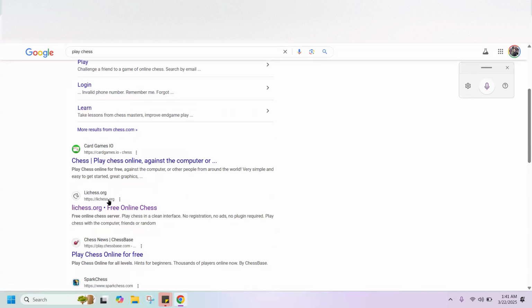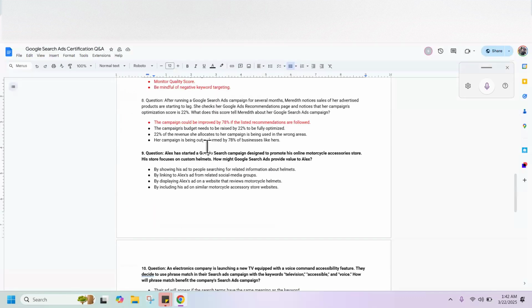You can optimize this by having keywords like online chess and a description that explains what this website is about. A lot of SEO plugins give you a percentage score based on how well you've optimized it, and suggestions for how to optimize it further. So this is kind of similar to Google Ads. They give you a score like that.